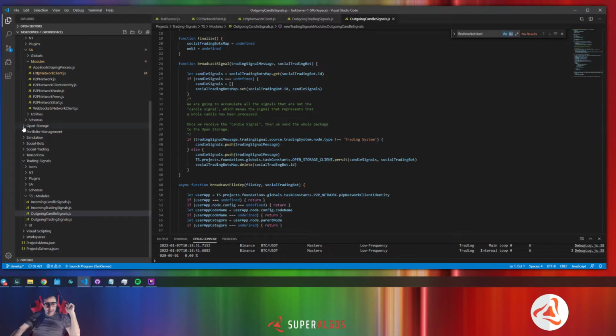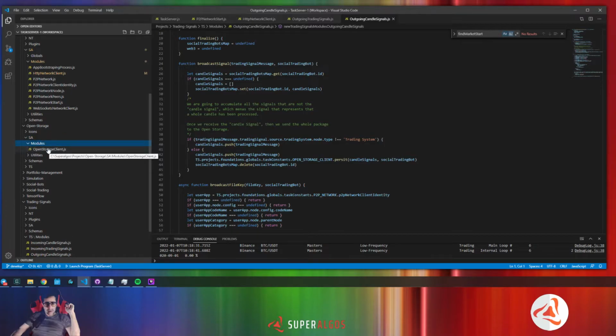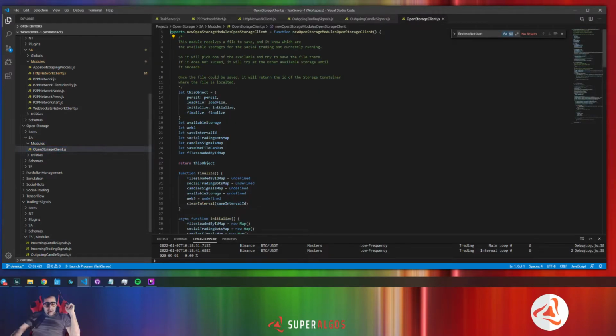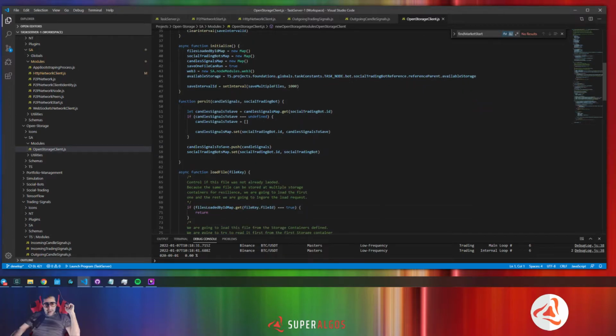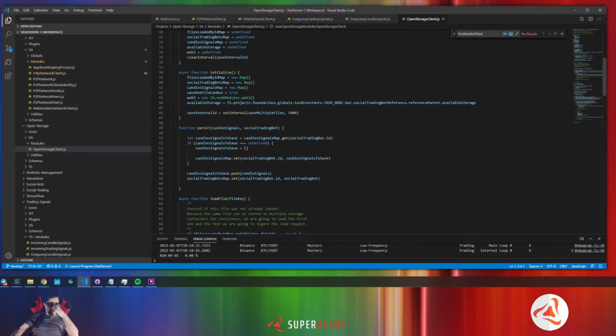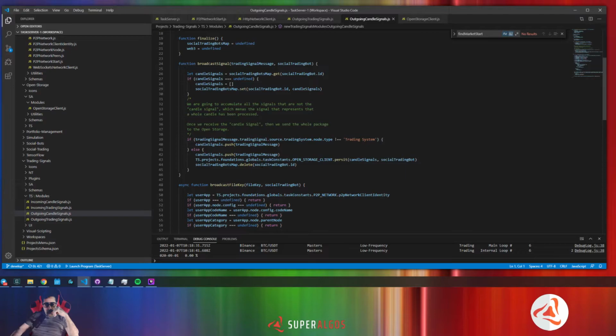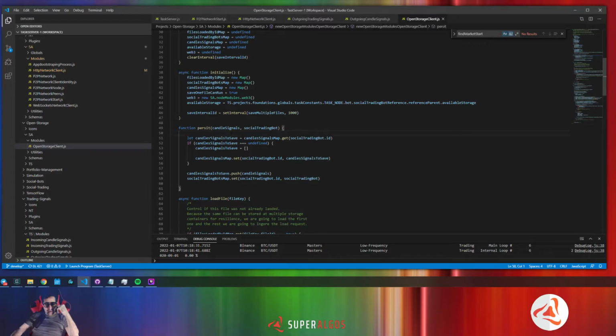So open storage, task server. This guy processes each execution of this function, which is for one candle worth of signal.